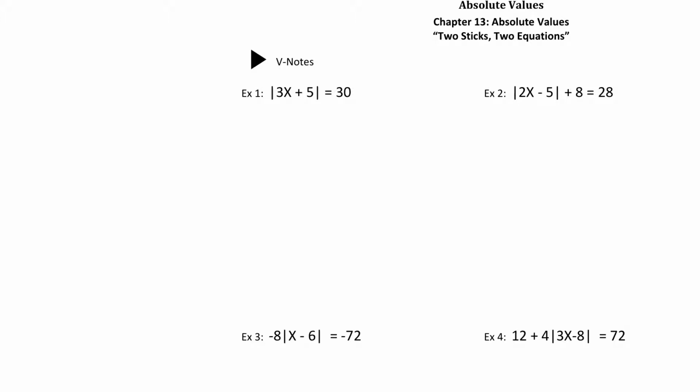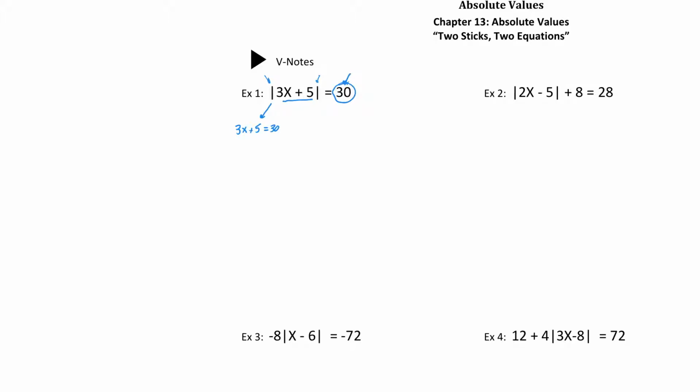Now when you see these absolute value symbols, hopefully it's a visual cue of what to do next. When my kids see these absolute value symbols, we just call them sticks for lack of a better word, we say 2 sticks, 2 equations. And here's how it works. You take the inside and you set that equal to the positive answer.